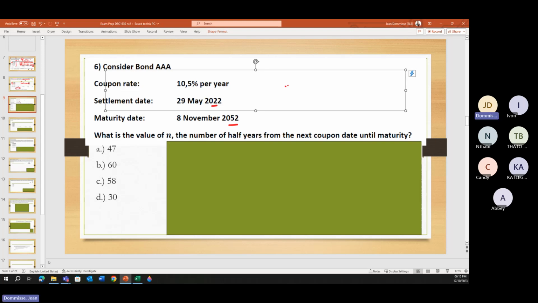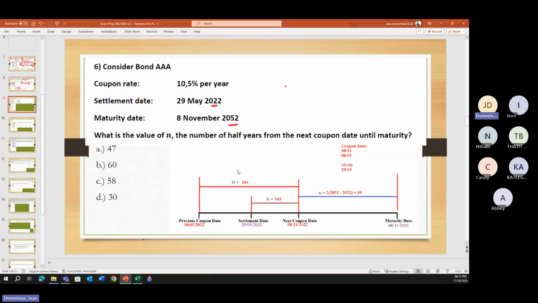Okay, so let me share what I have. You can see the settlement date and then your maturity date. Your next coupon date after the 29th May is going to be 8 November 2022.